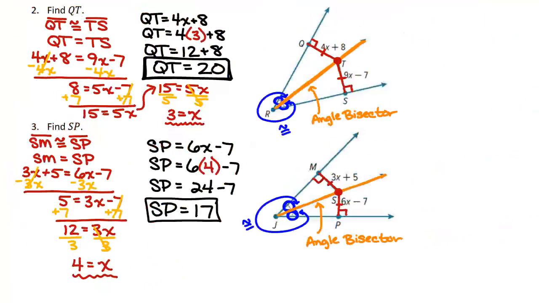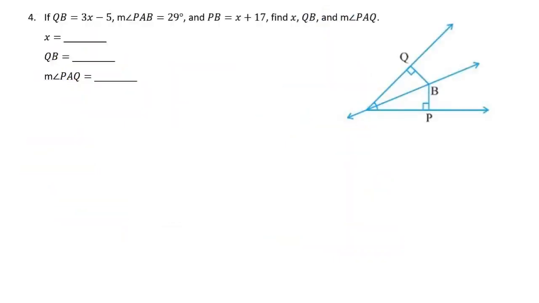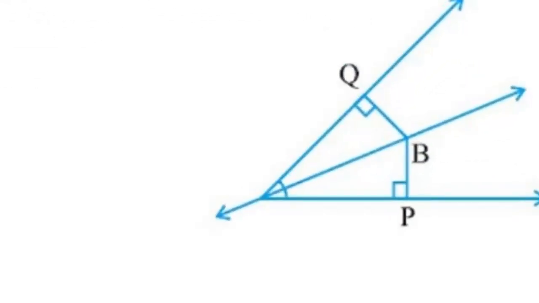All right, let's flip the page. Let's go look at example number 4 now. Before I add any of the given information, I see these two little arc markings right here, which means what about these two angles?